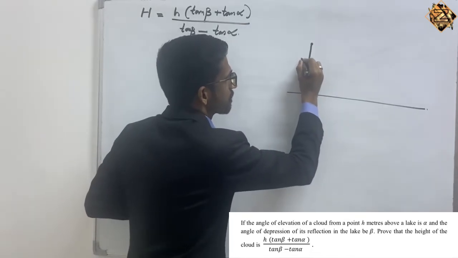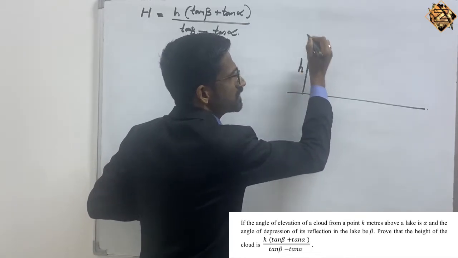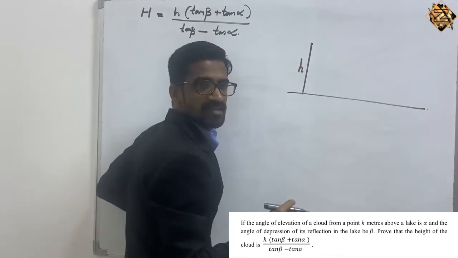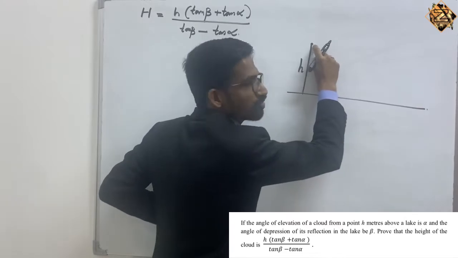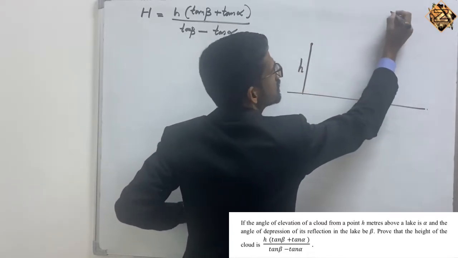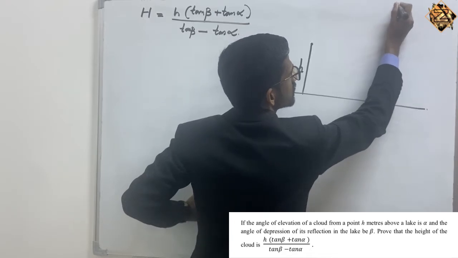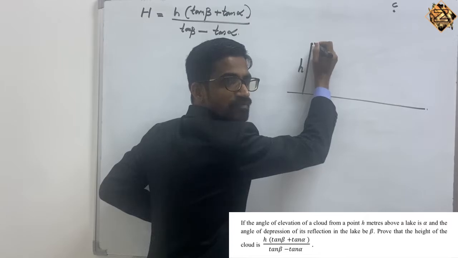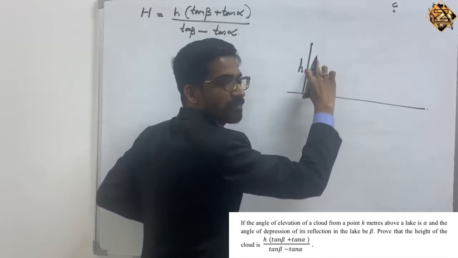From this point, the angle of elevation of a cloud is alpha. So from here we have to look upside, isn't it? Let this be the cloud. Here we can consider, let C be the cloud.